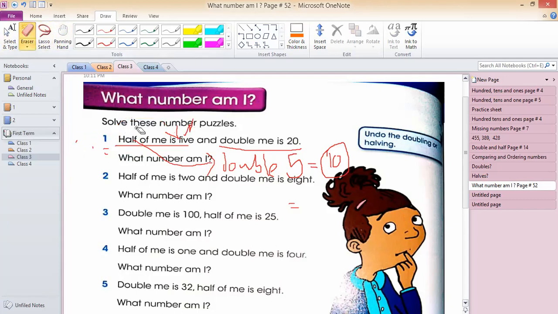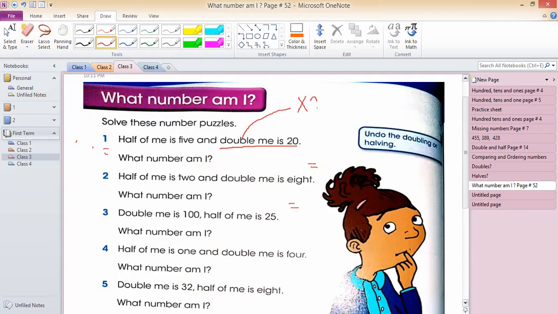Another way, guys, is to use the second hint. The second hint is double of me is 20. That means there is a number. If you double it, double means if you multiply it by 2, you will get the answer, that is 20.